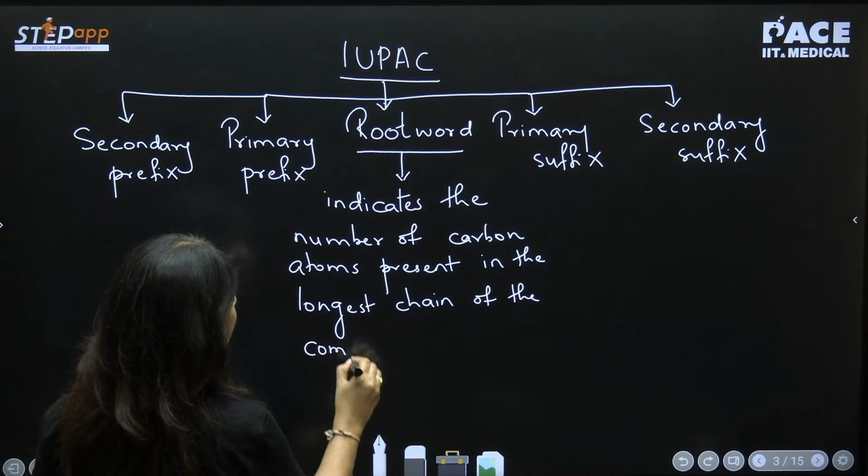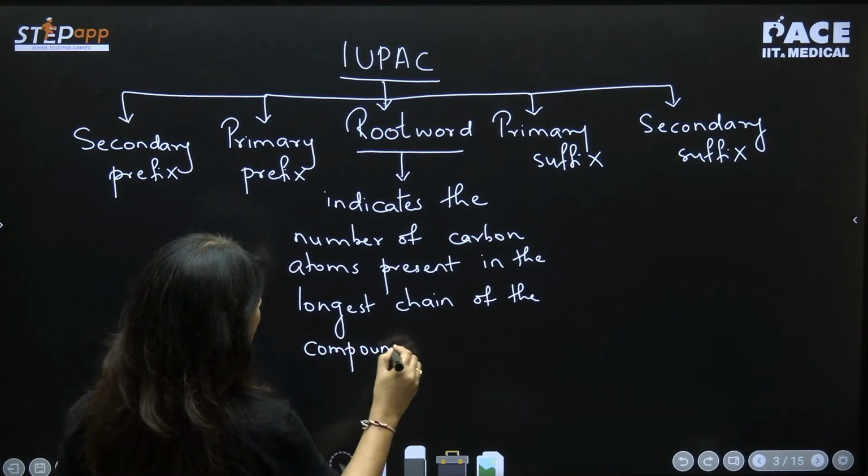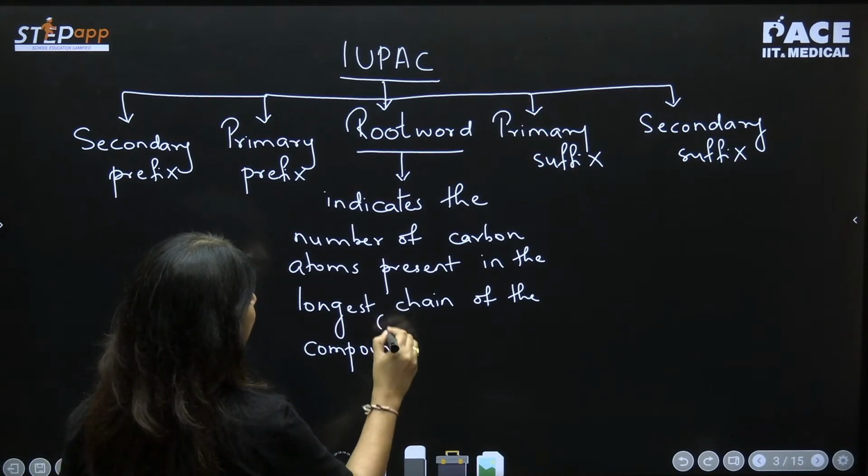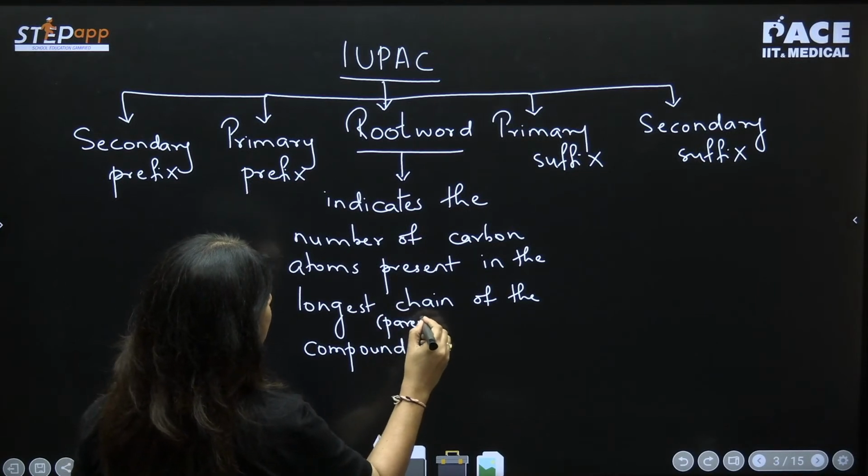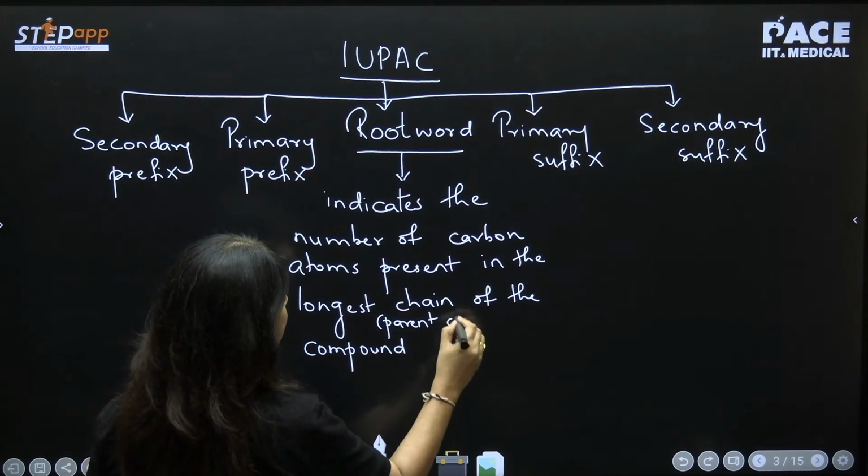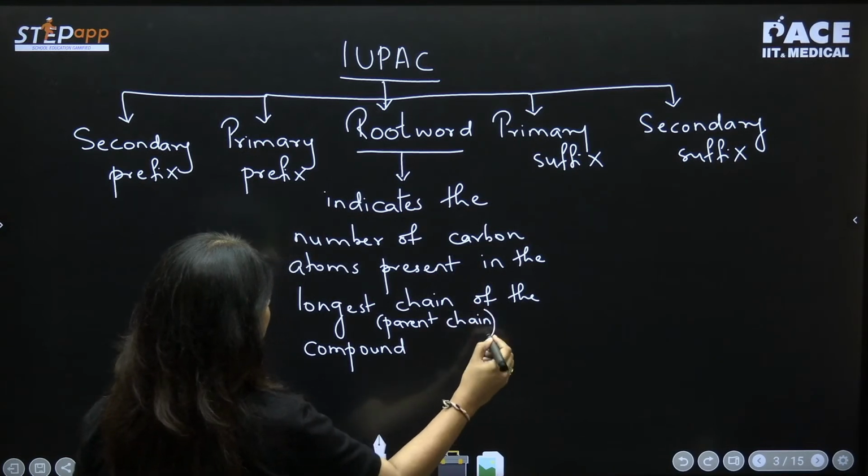The longest chain is also called the parent chain. So the root word gives us the number of carbon atoms present in the parent chain of the organic compound.